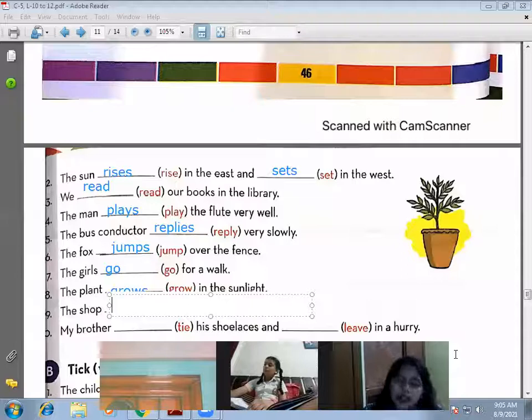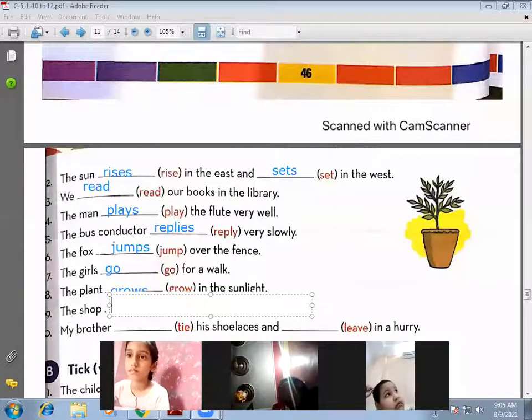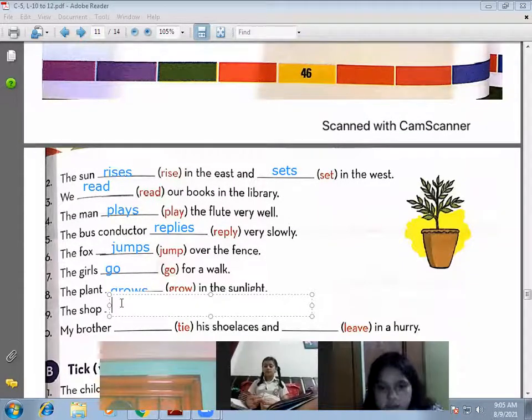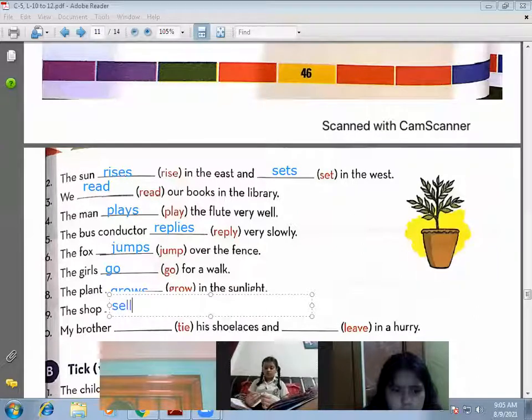Okay, Divyanshu, you tell me the answer. The shop dash notebooks and pens. Here we are talking about singular noun. Ma'am, the shop sells. Yes, sells, because here our noun is singular.